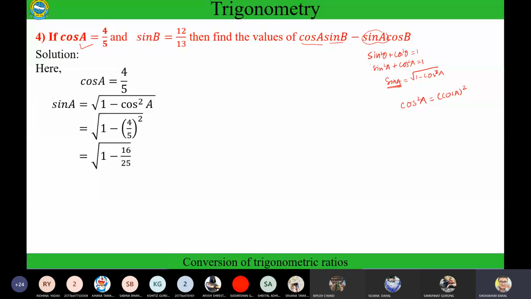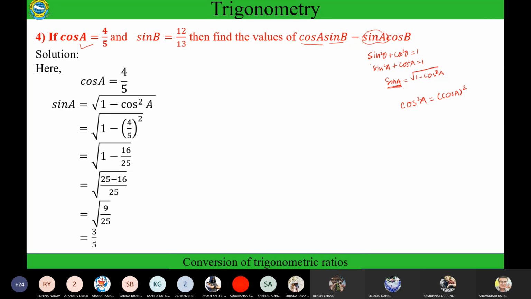Simplify it, and it will be 25 minus 16 by 25. Further, it will be square root of 9 upon 25, and this is equal to 3 upon 5. So we have got the value of sin A by using the given value of cos A. Sin A is equal to 3 upon 5.